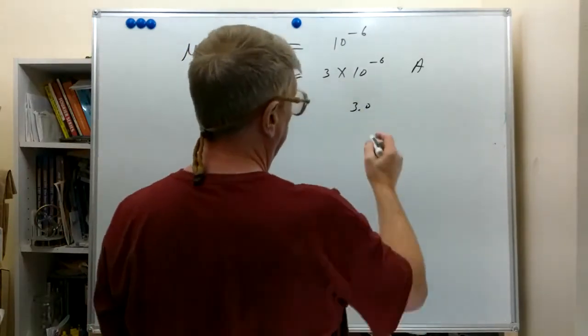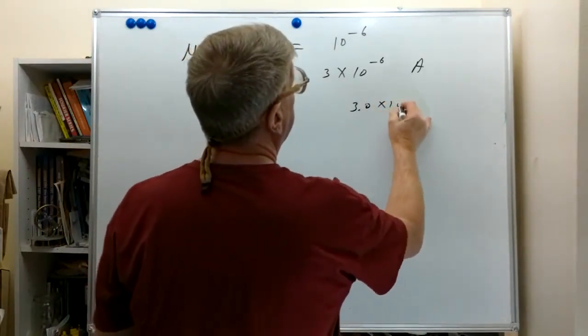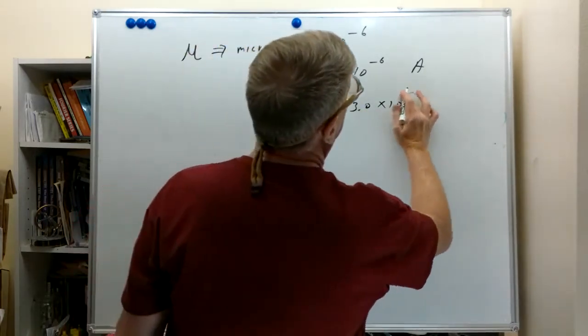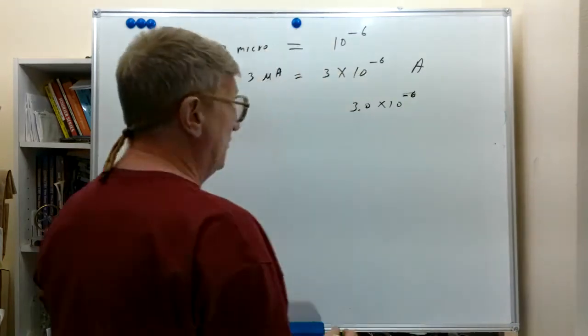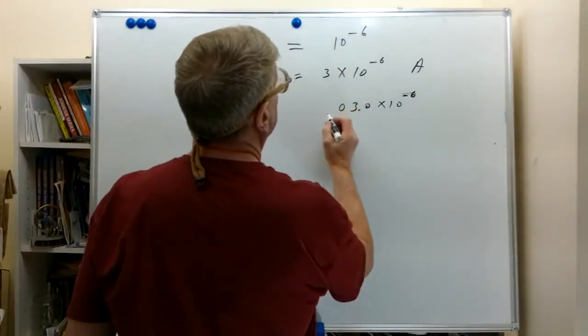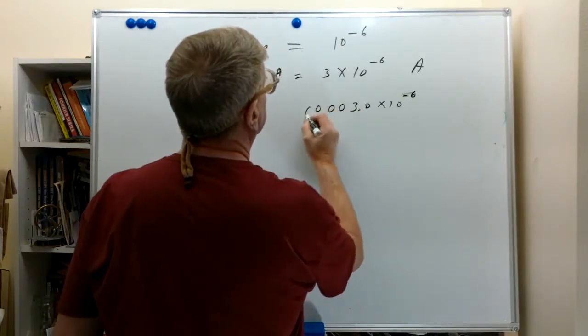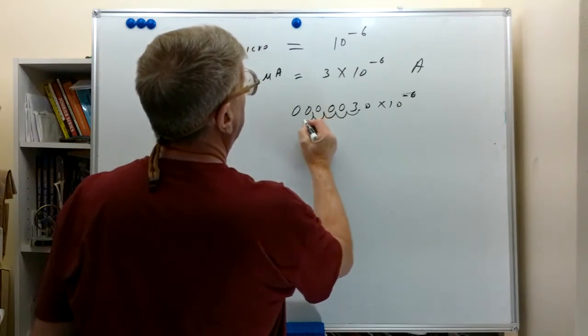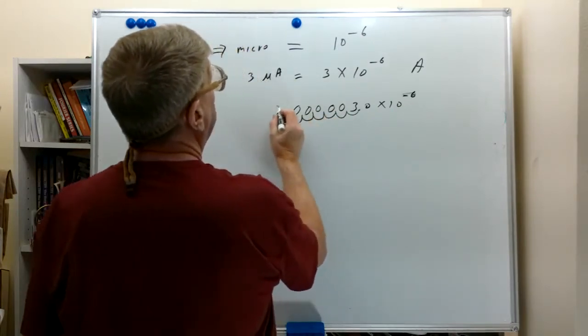So if we had 3.0 times 10 to the minus sixth, because that's a negative number, we have to move our decimal place to the left 6 places. 1, 2, 3, 4, 5, 6. We'll put a leading zero.